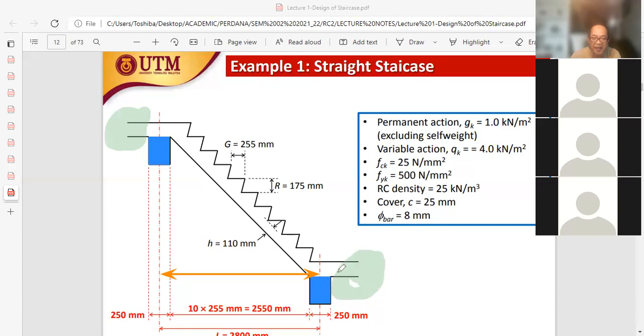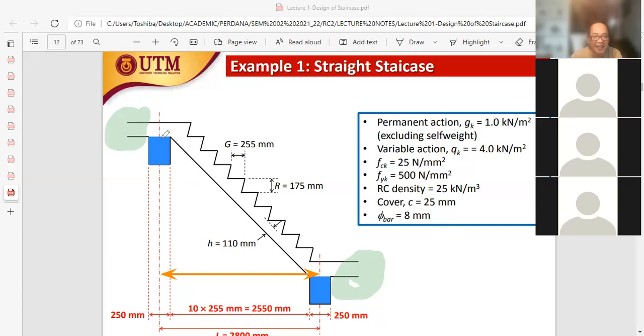There is a purpose why it is sketched out to be a sort of a continuous extension of the staircase beyond the support at both the left hand side and right hand side. If we look closely, it shows there is a continuation to the right from the right hand support and to the left at the left hand support.